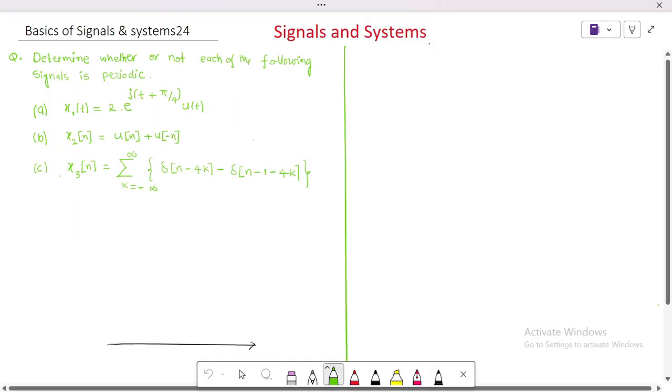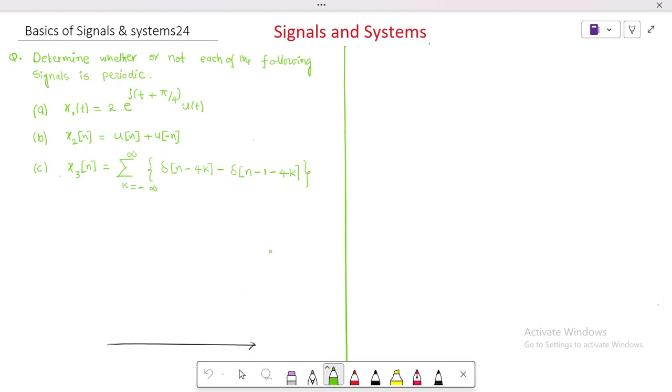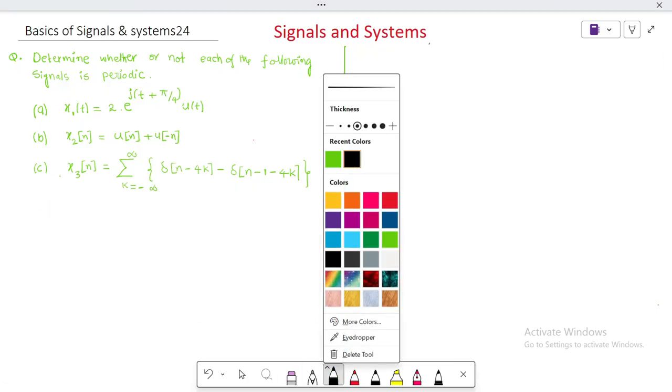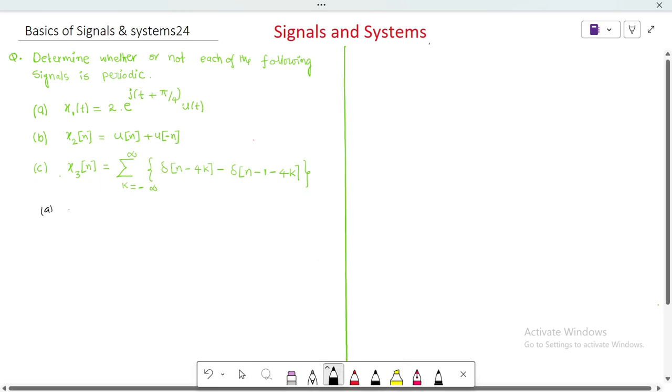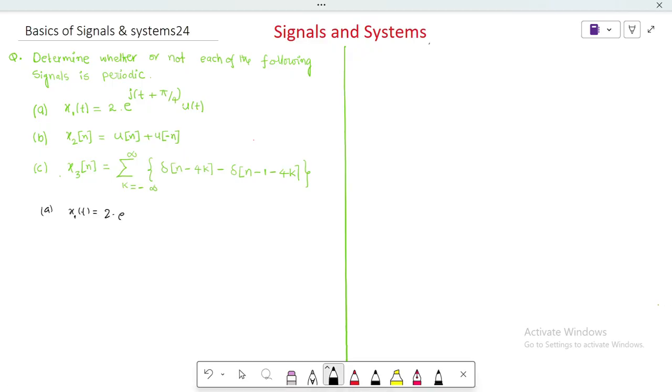Here, determine whether or not each of the following signals is periodic. The first one, x1 of t, is 2 into, expanding this one, e power jt into e power j 5 by 4 into e of t.